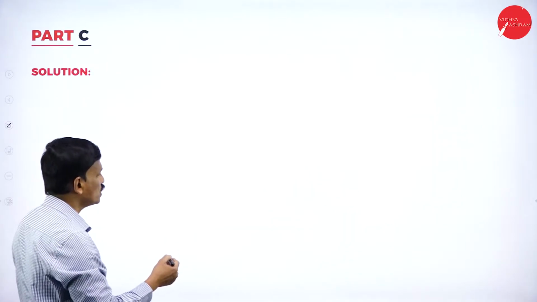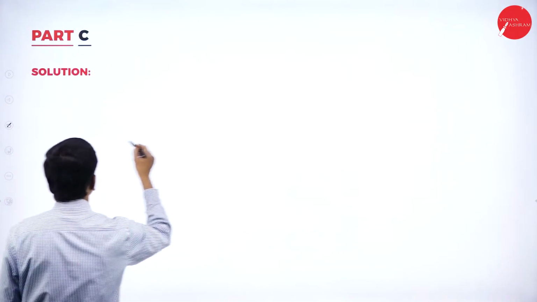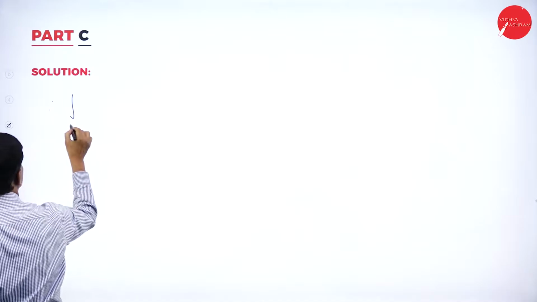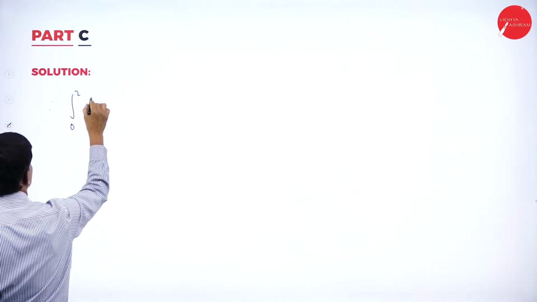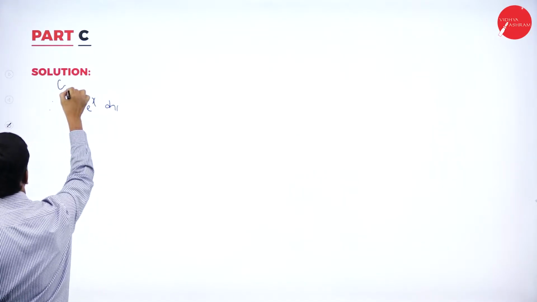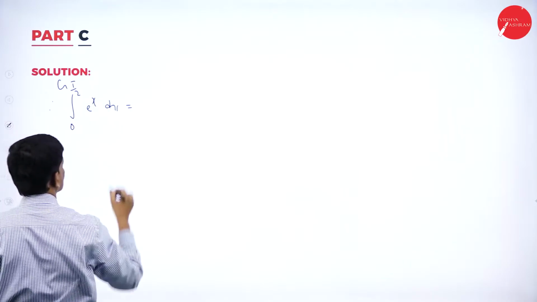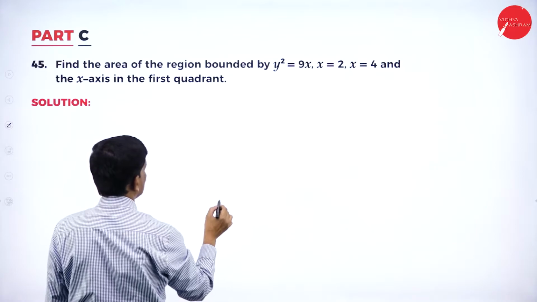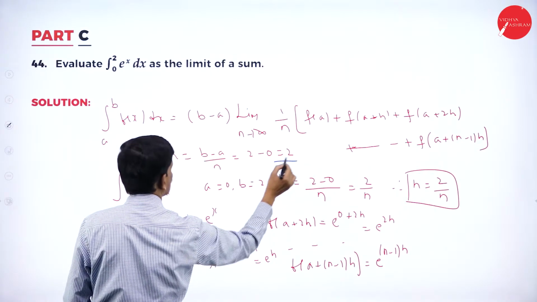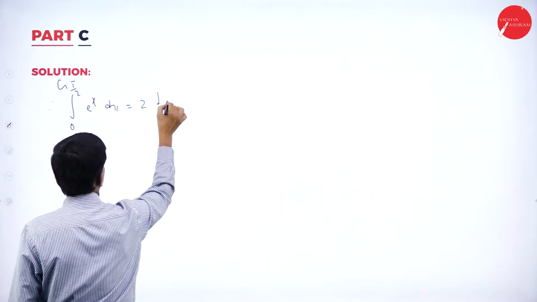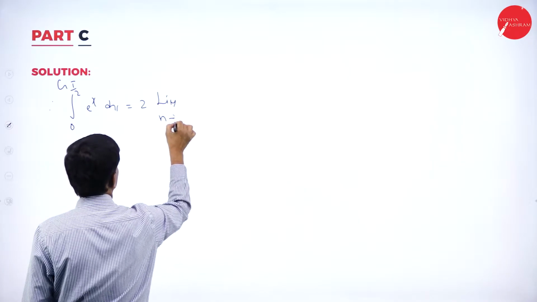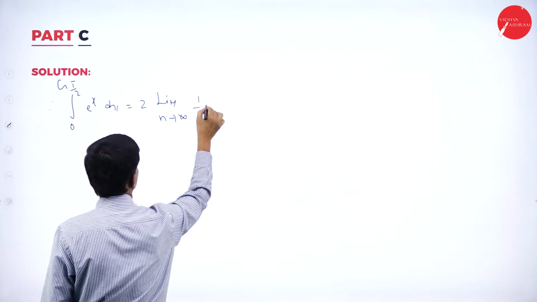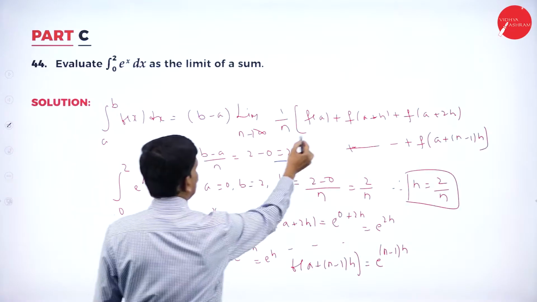Substituting in this equation, we get integral 0 to 2 e power x dx, the given integral, is equal to, what is the formula? b minus a. What is b minus a? We have b minus a equal to 2 here, so 2 into limit n tends to infinity of 1 over n into f of a.